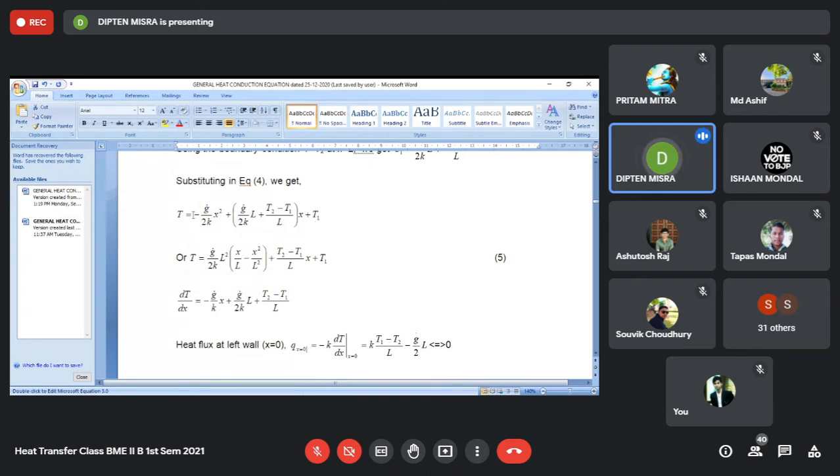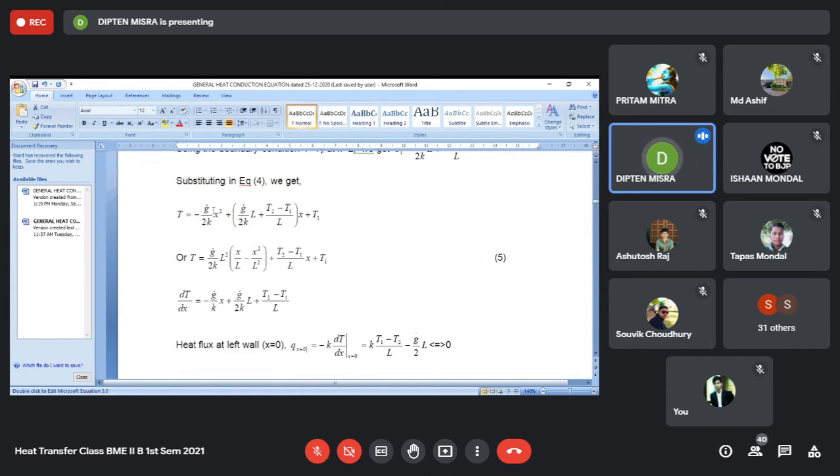In that case, what will happen? T will become simply equal to T1 plus (T2 minus T1) by L into X. So what we have is something like this: T equal to T1 plus (T2 minus T1) by L into X. This is basically the temperature gradient in this, and the equation will be a linear one, and the graph will be a straight line.